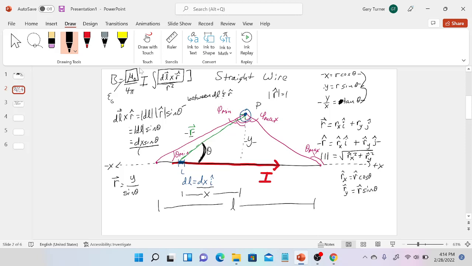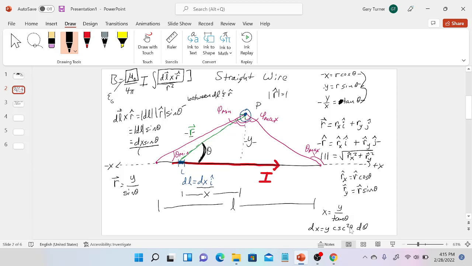So when I solve for x, I've got x is equal to y over tangent theta. And when I take the derivative of that, dx is going to be y times the cosecant squared of theta d theta, right?